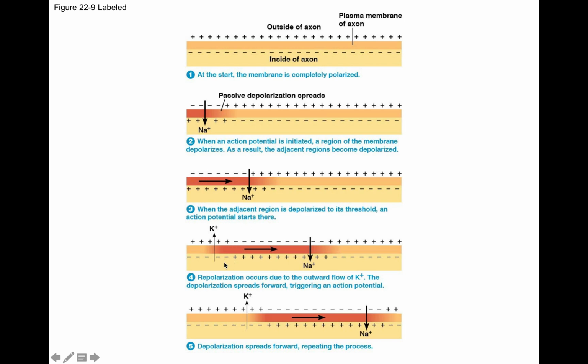And if they spread in this direction, these sodium channels haven't been recently activated, so they can open. This refractory period means that the signal only goes in one direction, and that's away from the cell body.